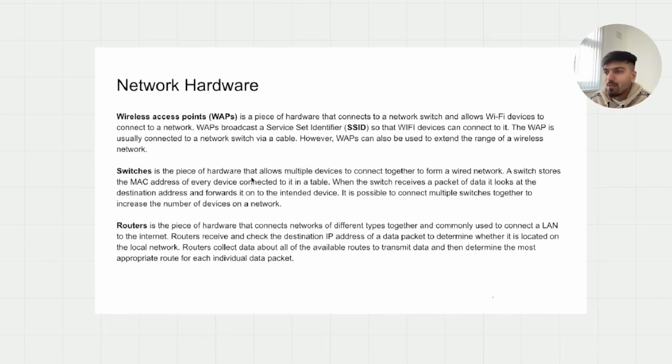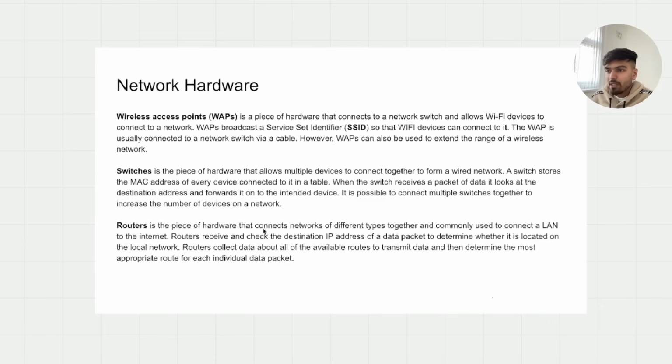A switch is a piece of hardware that allows multiple devices to connect together to form a wired network. A switch stores the MAC address of each device connected to it, and when the switch receives a packet of data, it looks at the destination address and forwards it to the intended device, similar to a router.